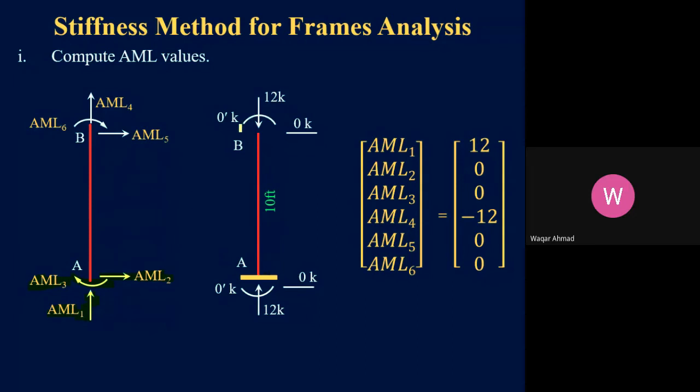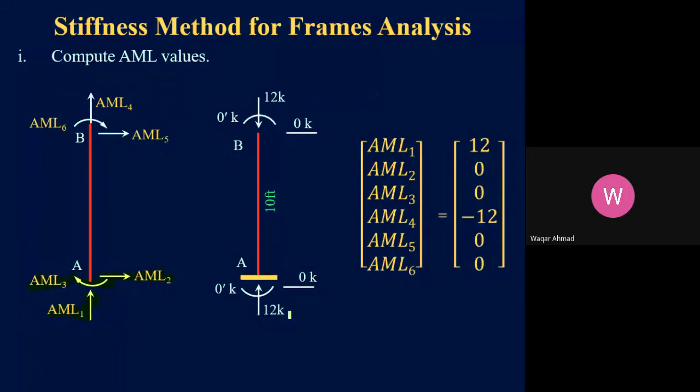As you remember, there is no external load acting on this member, so there is no bending moment, no fixed-end moment in this member at this end. Also no value at this end. And this 12 kip is coming from the member DC. So now what are the values?